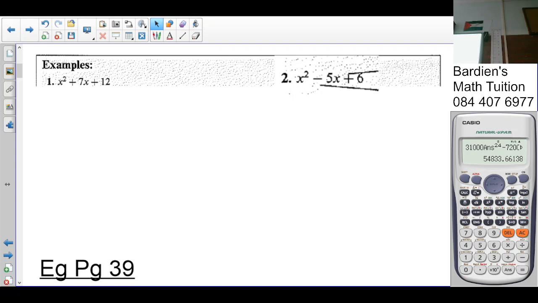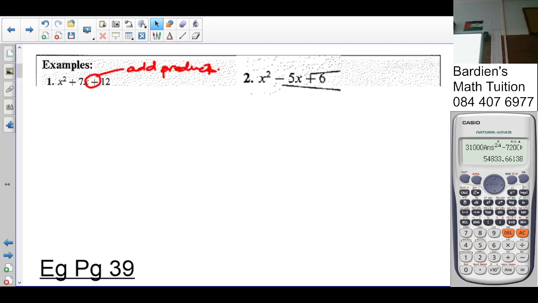Okay, so let's look at this quickly. If we look here, we have x squared plus 7x plus 12. So here's a plus. If that is plus, we're always going to add products. Now I think we're going to do all cases at once, okay?